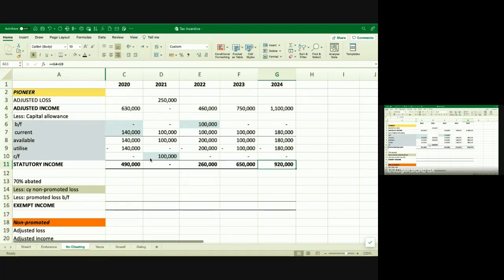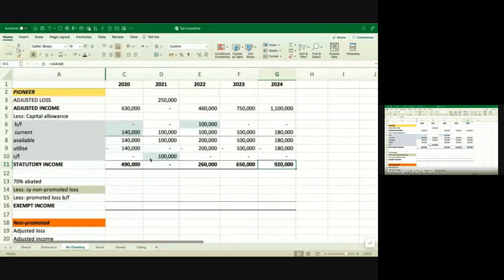So if you claim a lot of CA, your SI will be lower, right? And then if your SI is lower, then 70% is also low, then the amount that goes into your exempt income is lower. But under pioneer status, even though you say that you do not want to claim capital allowance, you cannot, because you are deemed to claim your capital allowance.